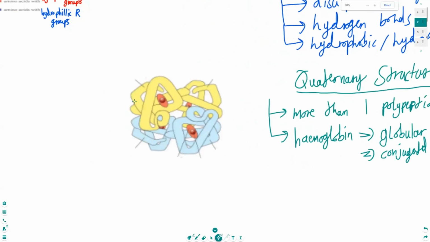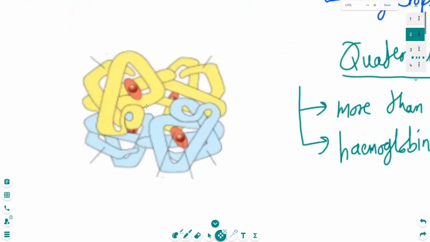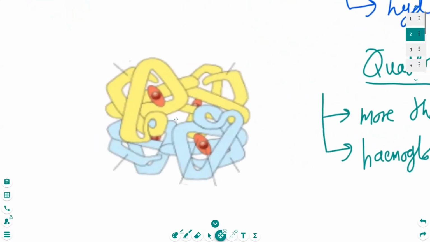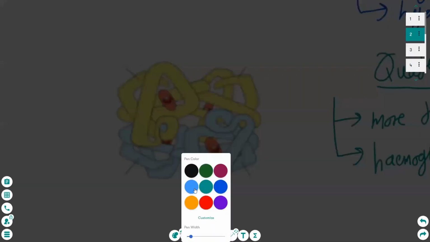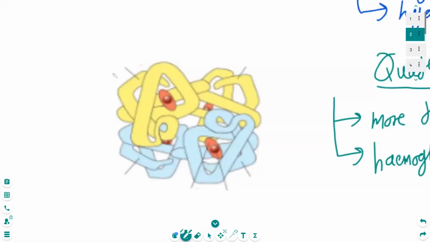So this is hemoglobin. We're going to zoom into hemoglobin here and have a look at the structures associated with it. Hemoglobin is a protein that transports oxygen in your red blood cells around the circulatory system, around the cardiovascular system. Hemoglobin is made up of 4 polypeptide chains. Here you can see 2 polypeptide chains and here another 2.